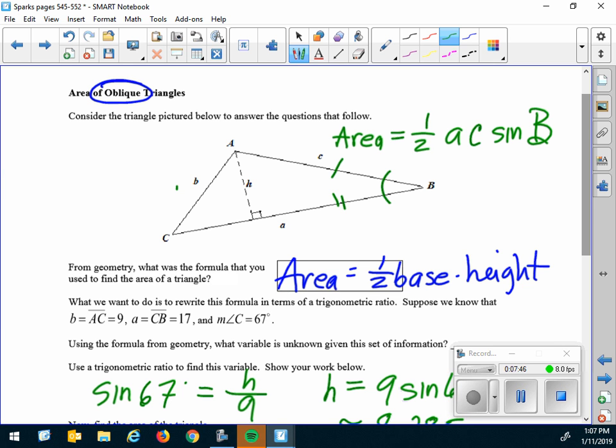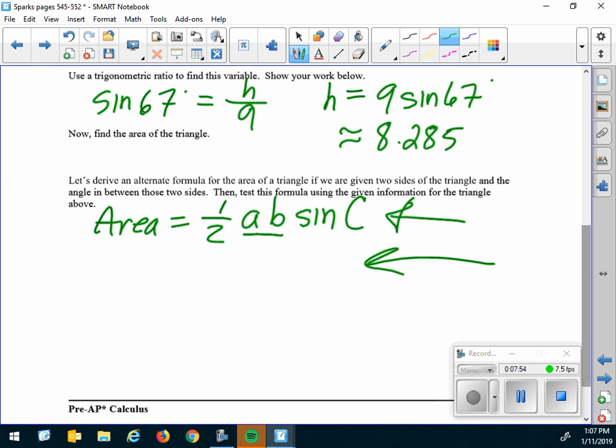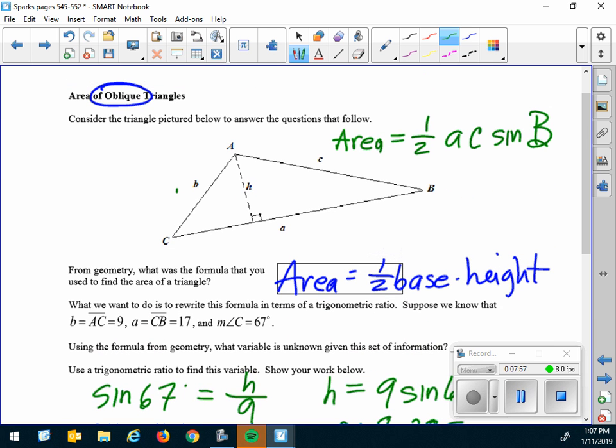Now, what pair of sides have we not used? Here I used A and C. Here I used A and B. I need to use B and C. So if I knew B and C, what angle is the included angle?